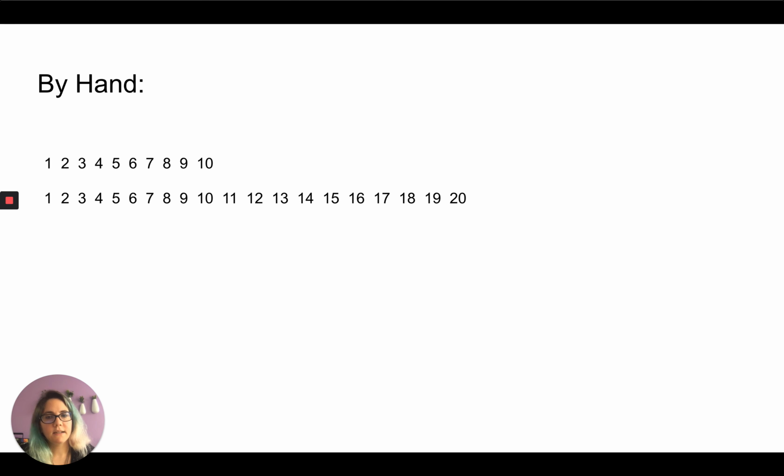And 18, divisible by 2, so not a prime. 19, not divisible by 2, not divisible by 3, not divisible by 5, not divisible by 7, not divisible by 11, not divisible by 13, not divisible by 17, and so 19 is a prime number as well. 20 is, of course, divisible by 2, and so it's not.